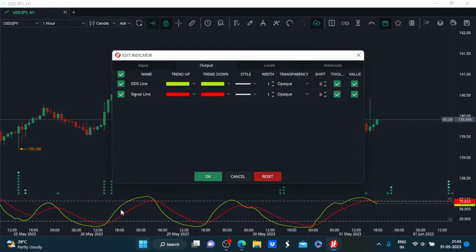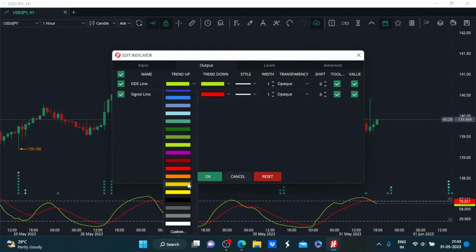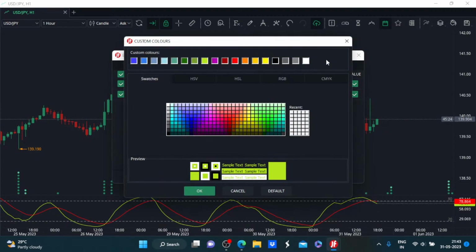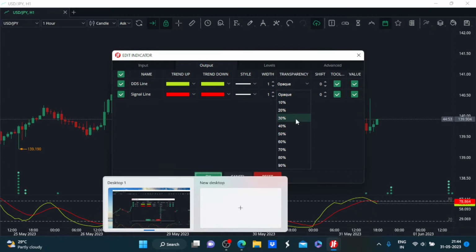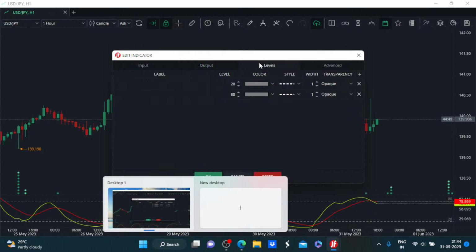Output, if you are happy with the color combination, you can keep it as it is, as you have been provided with all these color combinations and also custom color combinations, and you can play around and go for the best possible combination in your mind. The styling: to reduce the prominence, you can go for an increased transparency factor, and it will look a lot less prominent on the chart.